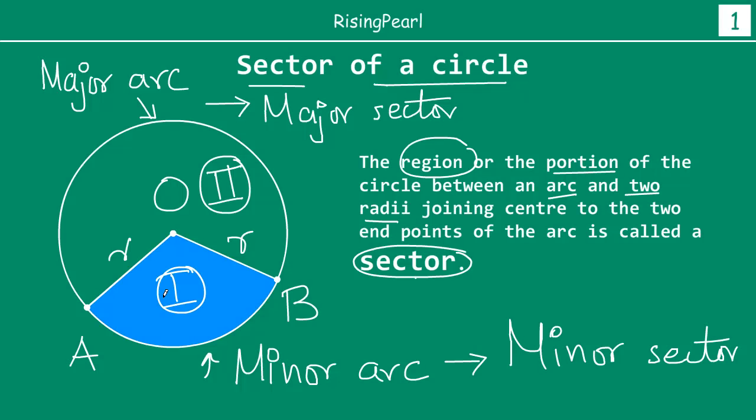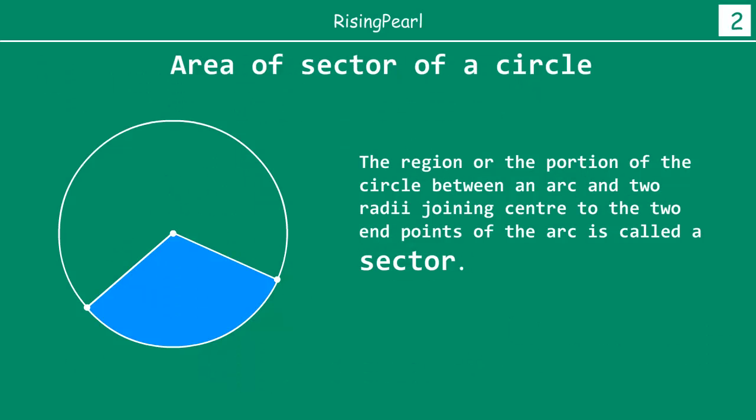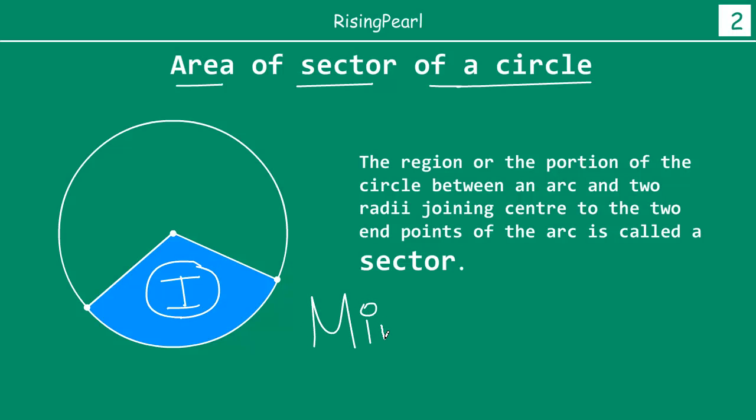Here I have highlighted the minor sector in blue, and the major sector I have left unhighlighted. What we note, friends, is that when we say area of a sector of a circle going forward, we are going to be referring to this part which is highlighted in blue, or part 1. That is, we are going to be referring to minor sector.